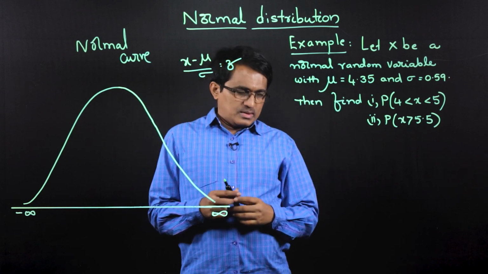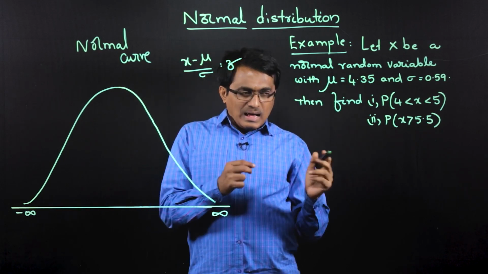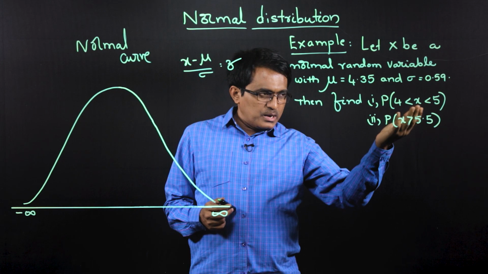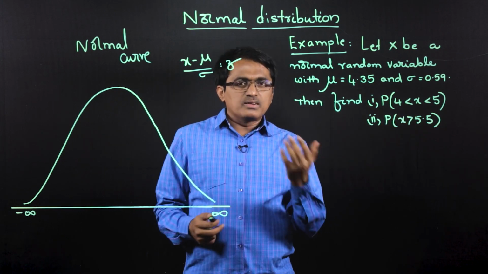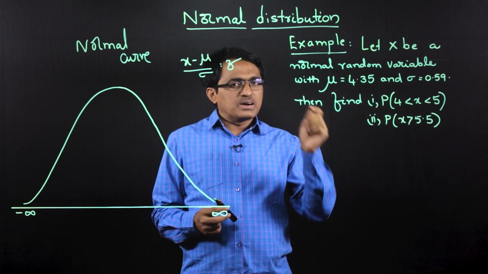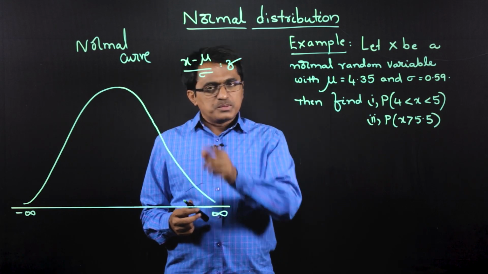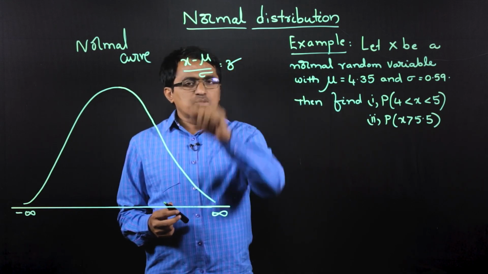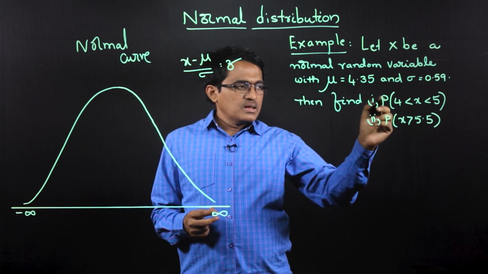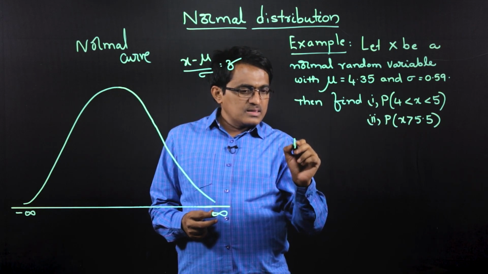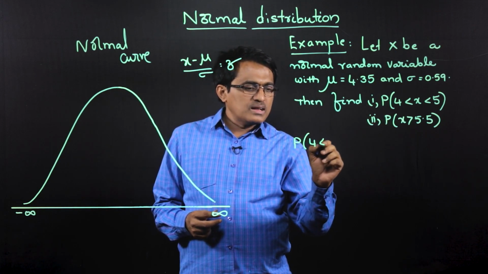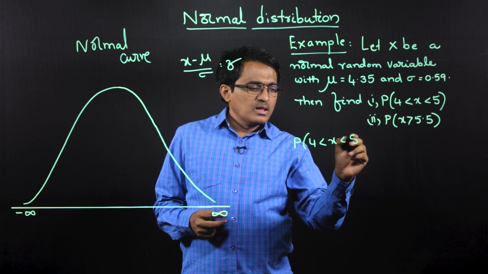How to do this? As discussed, it is very difficult to evaluate the integral, so we convert this into standard normal distribution by using z equal to (x minus mu) by sigma. Consider P of 4 less than x less than 5.